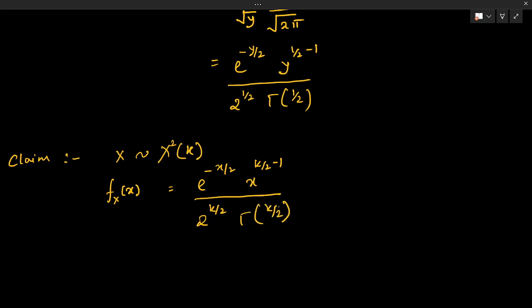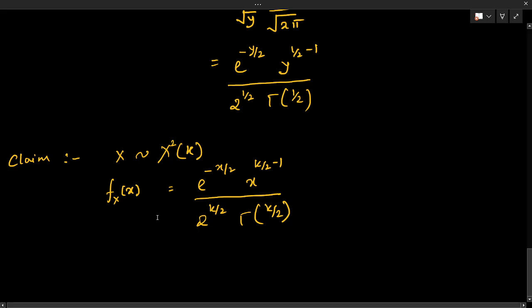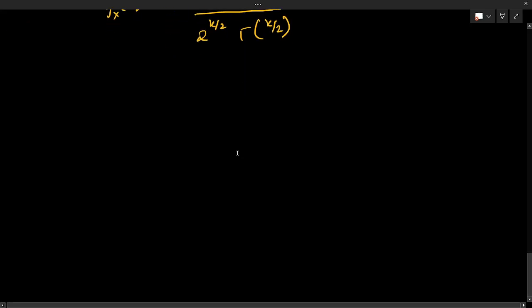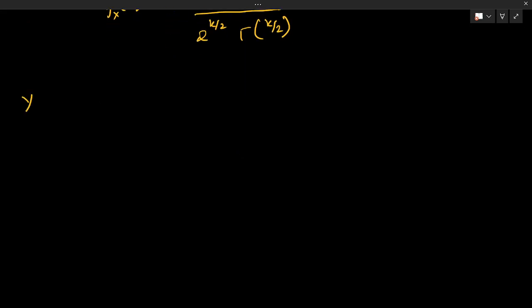This is the distribution of chi-square with k degrees of freedom. So from the given form we can easily say that our random variable Y is basically following the chi-square 1 distribution.